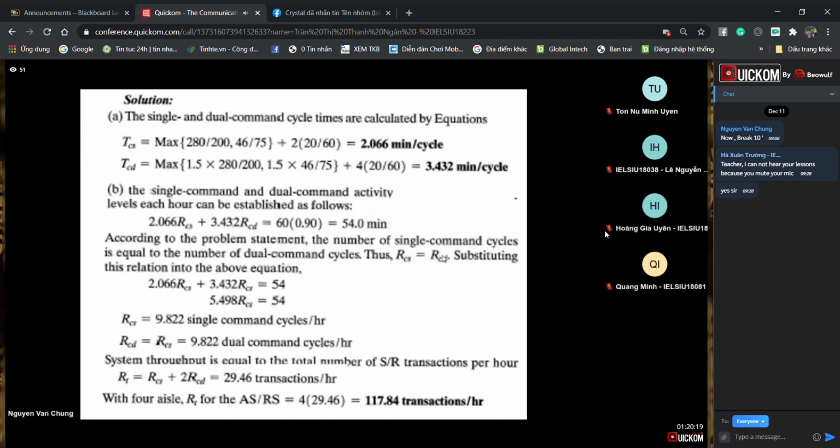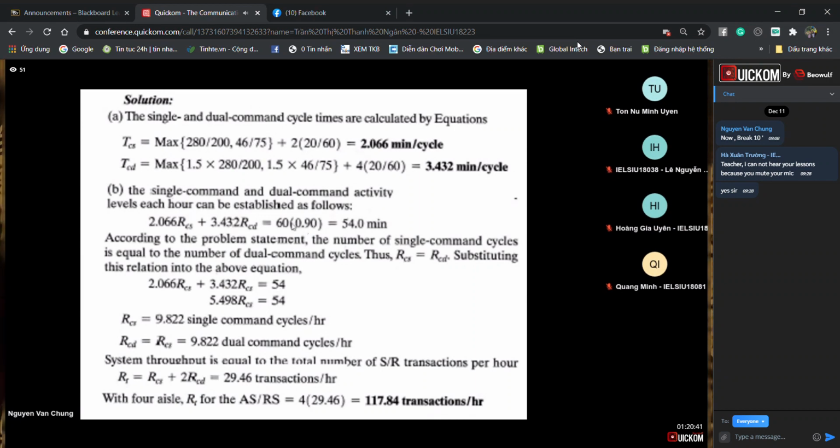Thus RCS equals RCD. Substituting this relation into this equation, you choose only one, maybe RCS.